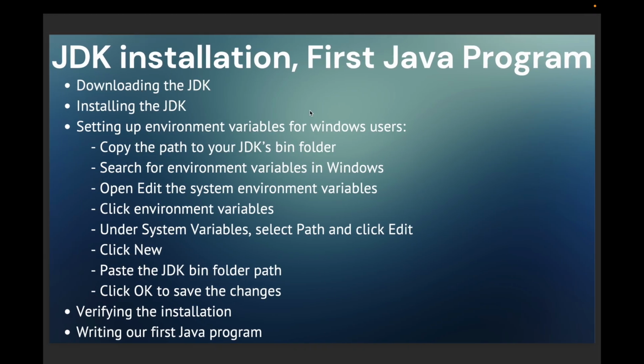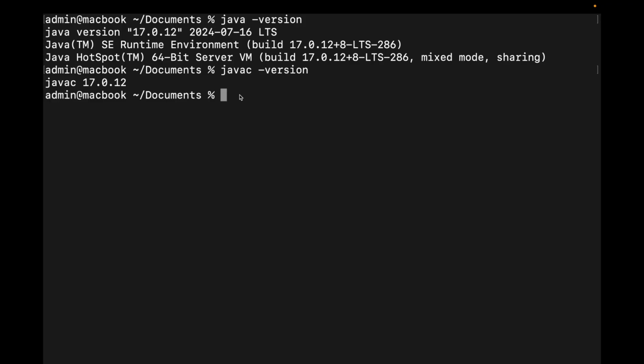Open command prompt or terminal and navigate to the folder where you saved the Java file. To compile the program, type javac MyFirstProgram.java. If there are no compilation errors, Java creates a new file named MyFirstProgram.class.